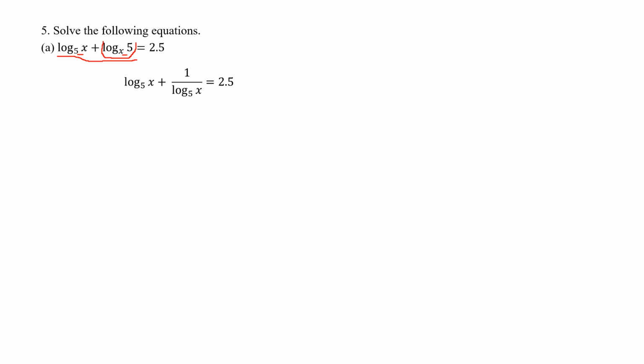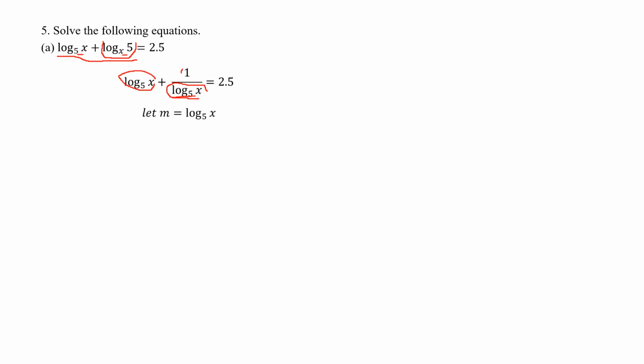So this one becomes 1 all over the log of x base 5. You can see that this one here is the same as that one. And the next step, we are going to say we let the whole thing become one unknown, which we can easily deal with and simplify later on to get the value of x.